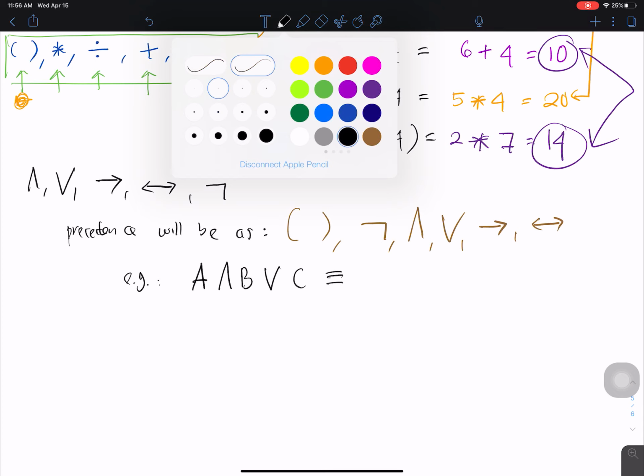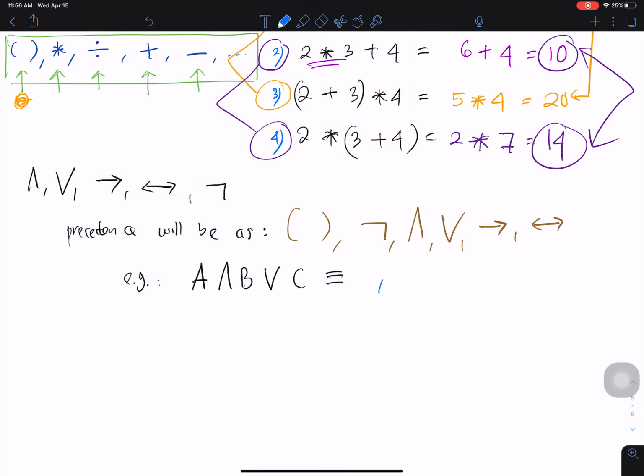We solve A and B first. Once we get the result, then we do disjunction with C. So we work on the conjunction first, then the result of this we do in disjunction with C.